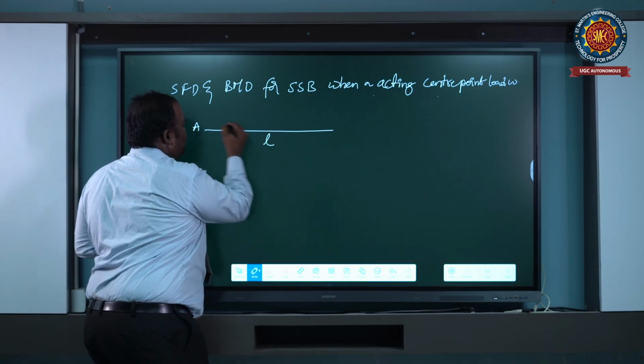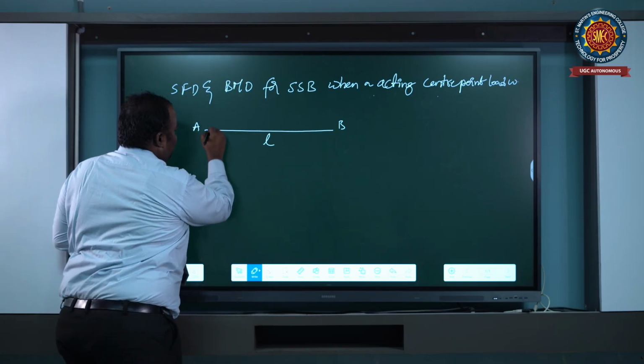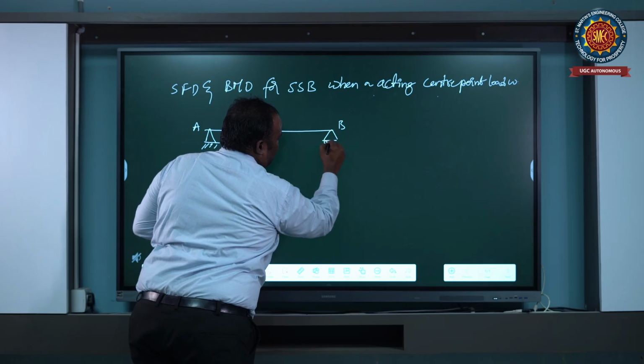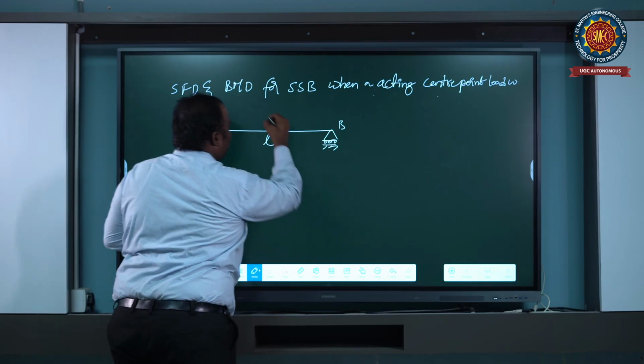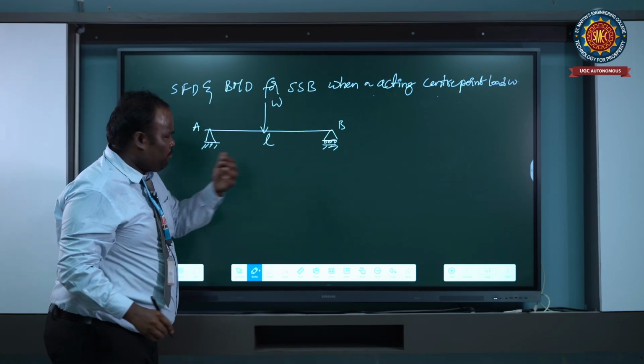Consider the beam AB, a simply supported beam, length of L meters, with supports at A and B and acting a center point load W on the beam.